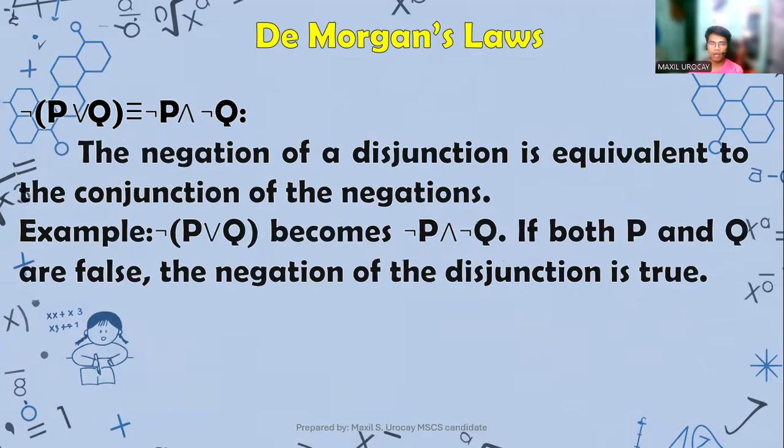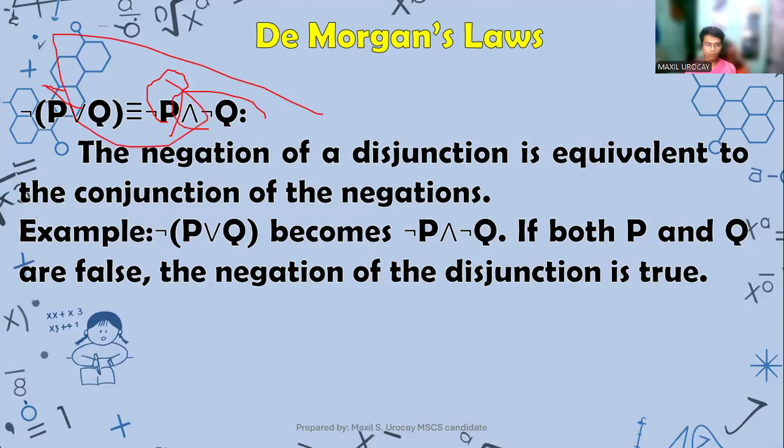How does that work? Now, the negation of P or Q is equivalent to not P and not Q. So let's try to prove that one. The negation of a disjunction is equivalent to the conjunction of the negations.